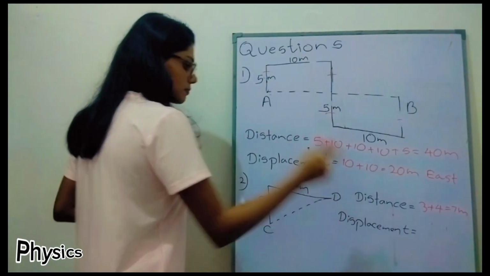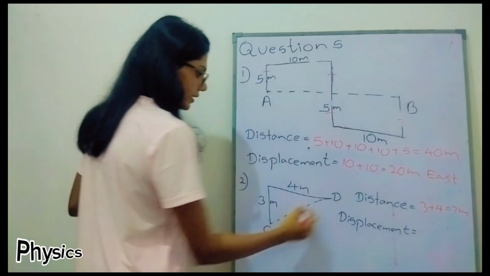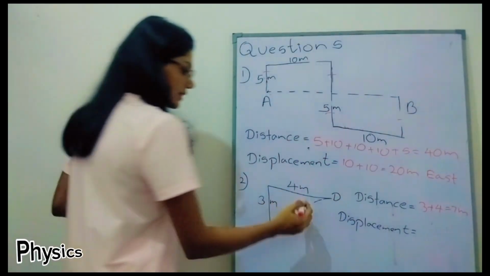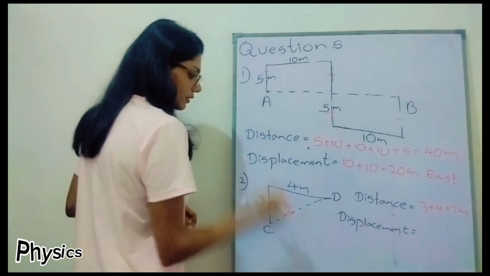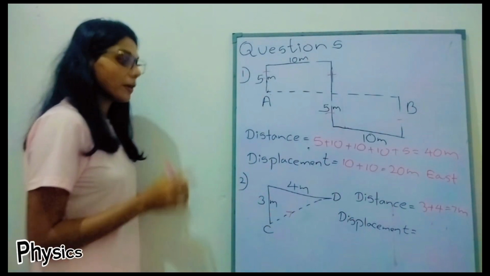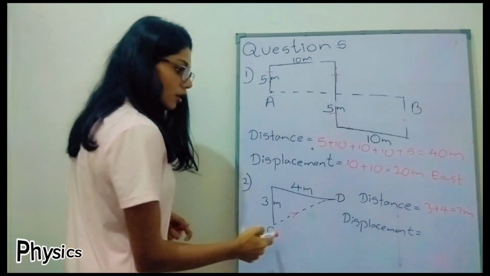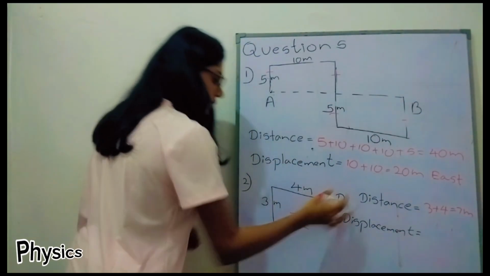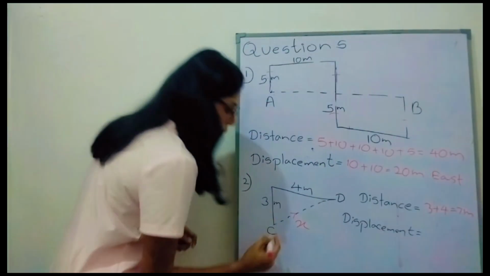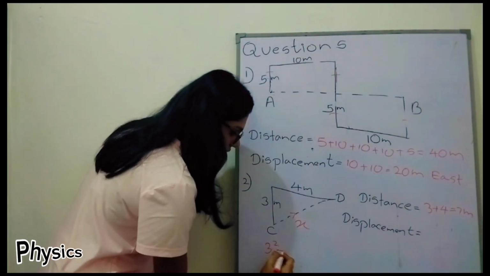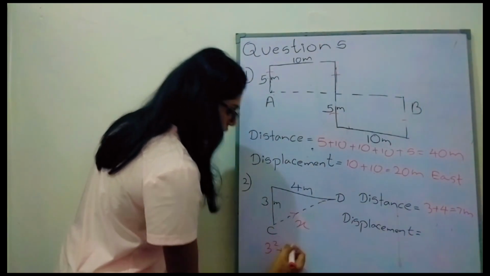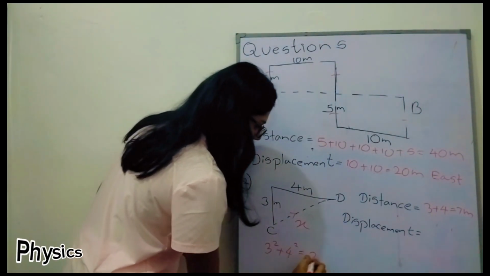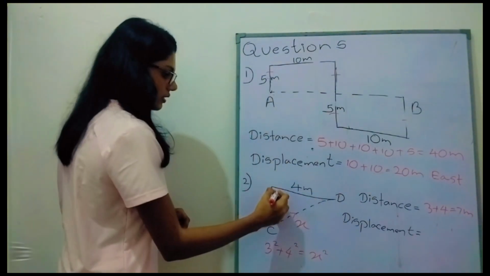And for the displacement, we need to find this length. This length we can find by using Pythagoras theorem. So from point C to D, let's assume the displacement is x. So by using the Pythagoras theorem, we can tell 3 squared plus 4 squared is equal to x squared.